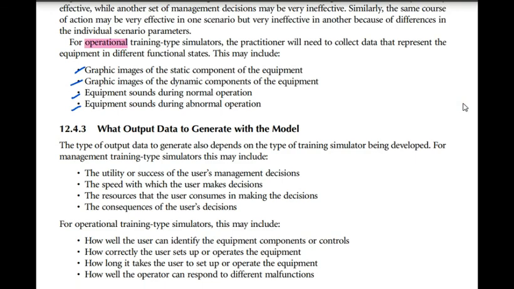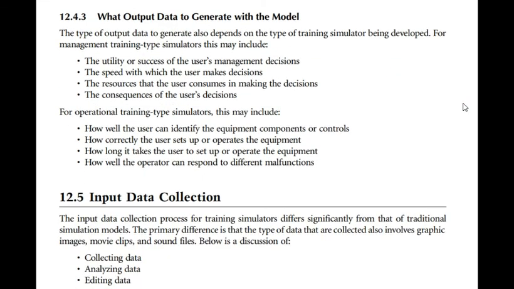Okay. So, here listed the different output that should be generated with the model. Now, let's proceed to the last part of system definition, which is the identification of what kind of output data should be generated with the model.